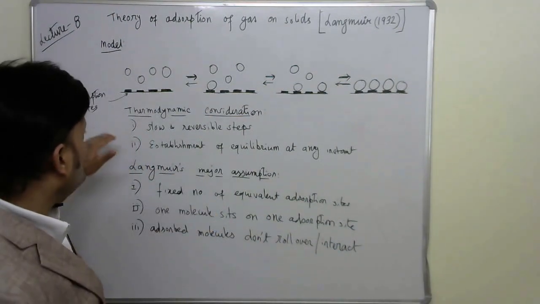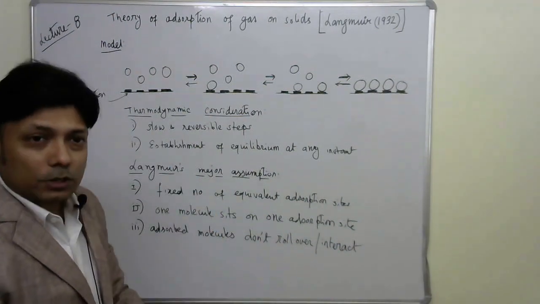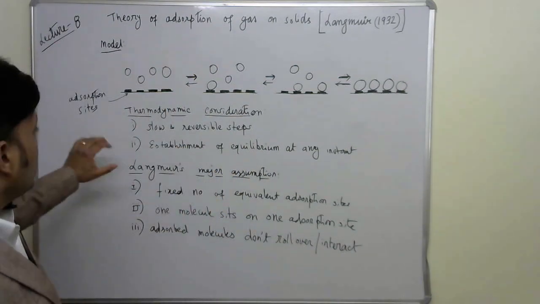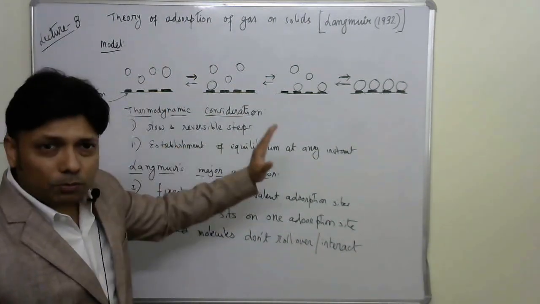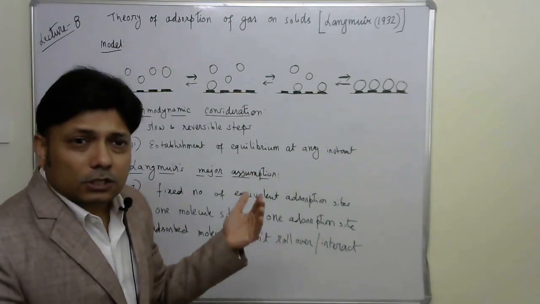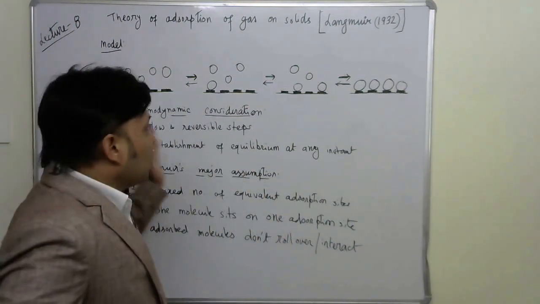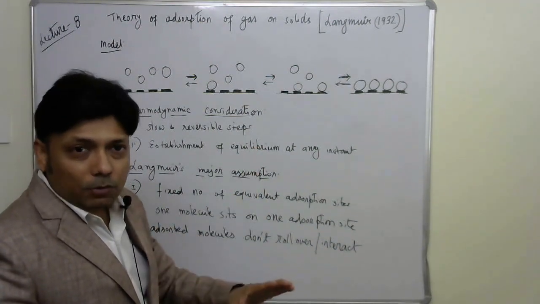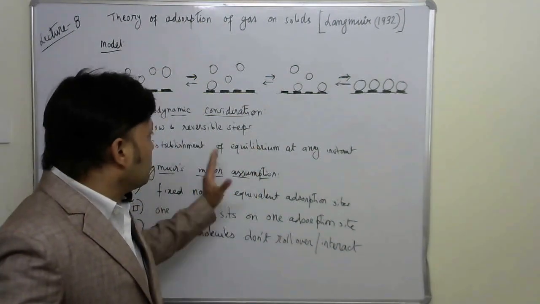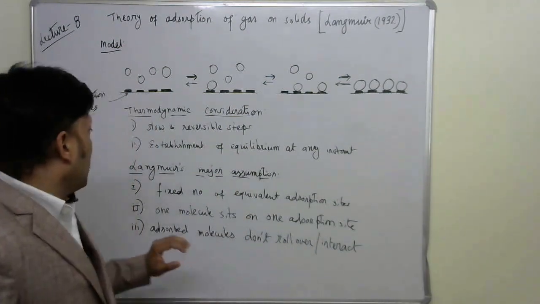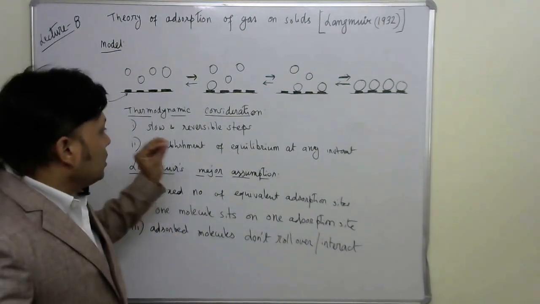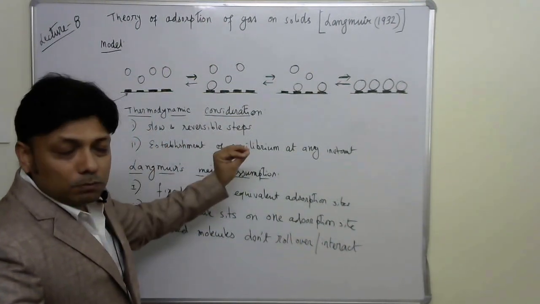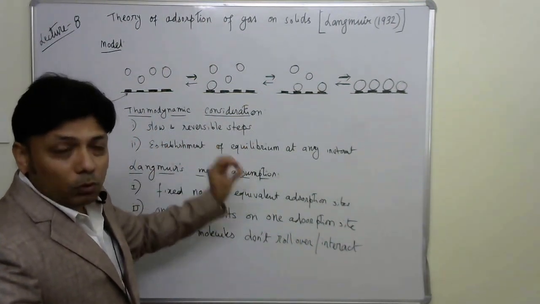The first few major assumptions came from thermodynamics itself, so we call it the thermodynamic consideration. Firstly, the entire adsorption process, as I mentioned, is a slow process, and it goes through innumerable reversible steps. So it's not a single-step process, it's a reversible multi-step process. At each and every instant, the process goes via establishment of an equilibrium.